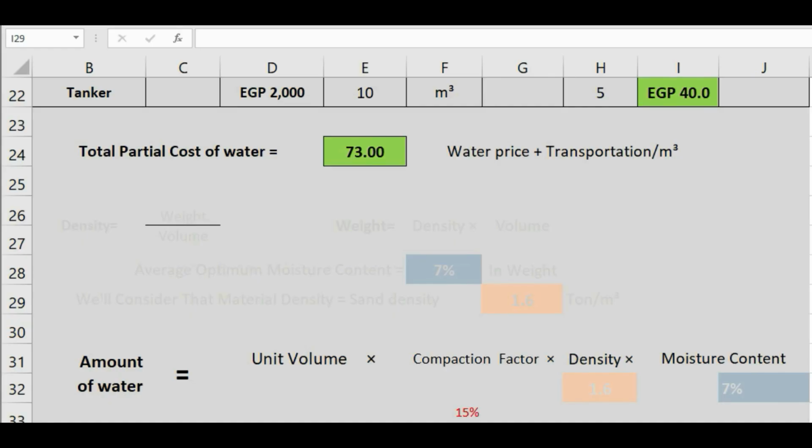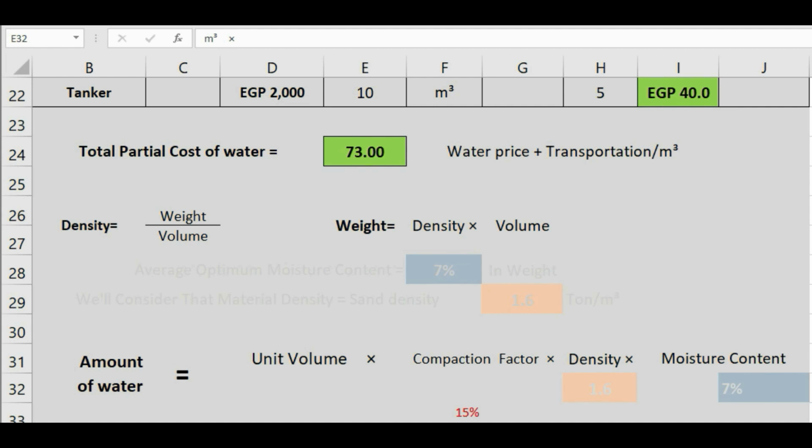Water content is calculated as a percentage of weight, not as the majority thinks it is, in volume. The evidence for this is the difference in the sand cone sample weight before and after drying it in the oven.